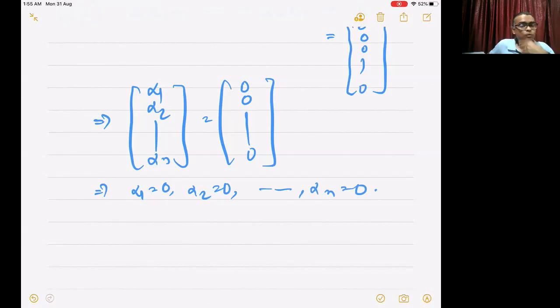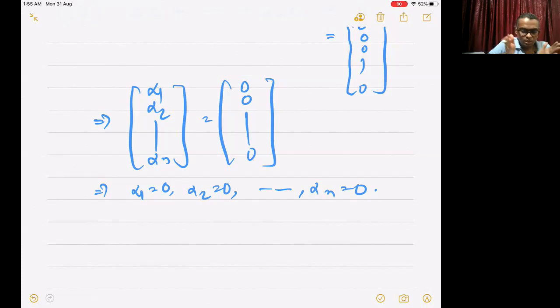Independence means that no non-trivial linear combination of these vectors can go to 0, which means the only linear combination that can go to 0 is the trivial linear combination. That's it. By assuming that a linear combination goes to 0, I have shown that all the coefficients are 0.